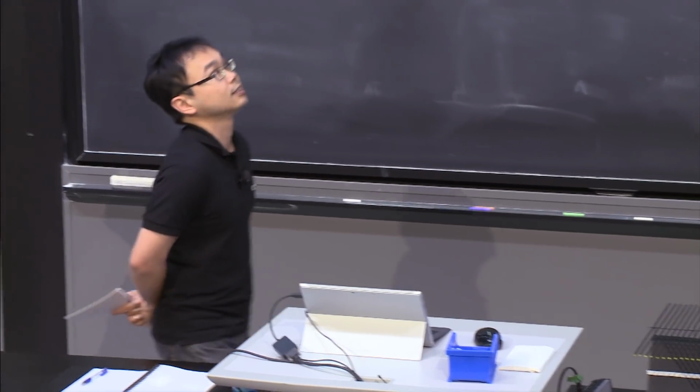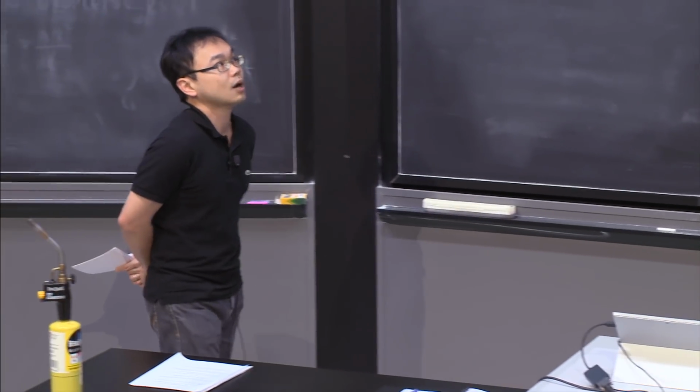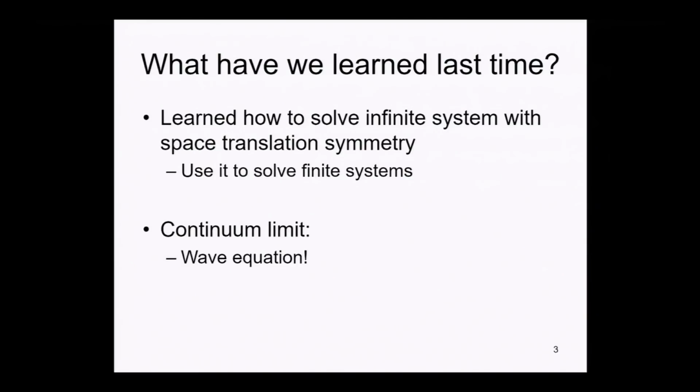So what we have learned last time, we have learned how to solve an infinite system with a space translation symmetry, and also we learned how to use it to solve finite systems by imposing boundary conditions that will limit the infinite number of normal modes to a finite number of normal modes, closely related to how many objects you have in the system.